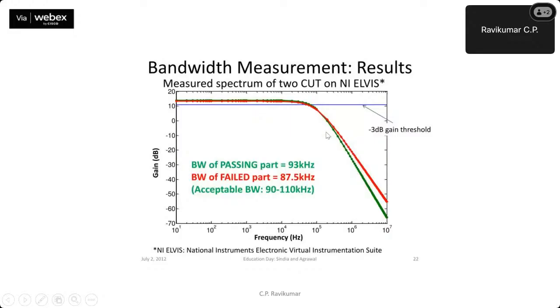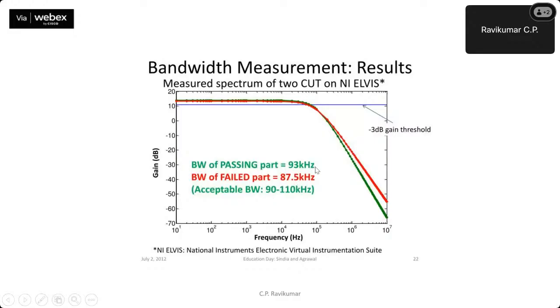At higher frequencies, the gain will begin to roll off, and we can find out where it's reaching the 3 dB point. And maybe there is an acceptance range, right? In this example, let us say anything within 90 to 110 kilohertz is acceptable.